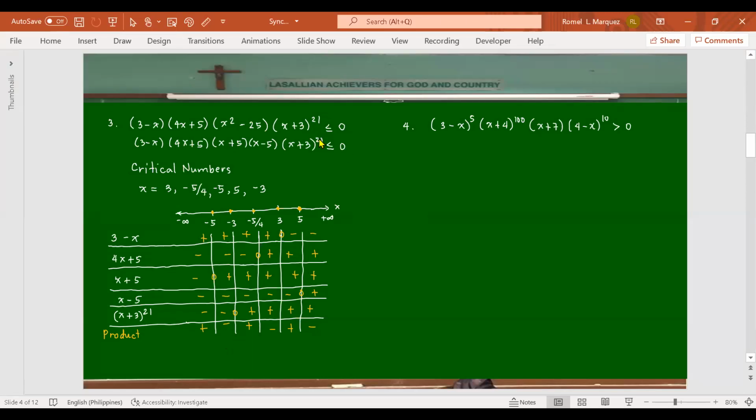Which one will be less than 0? What interval? Here, no? Am I correct? What is the solution set? Negative 5 to, union with, bracket, because included.